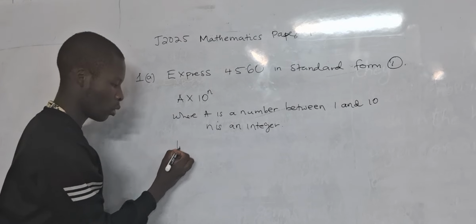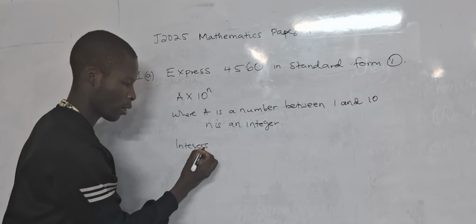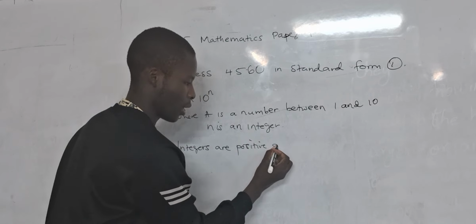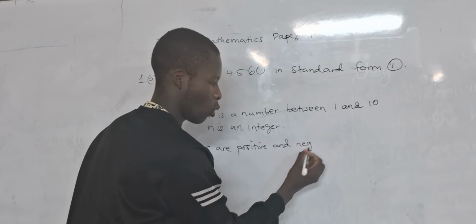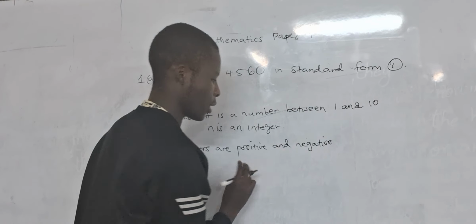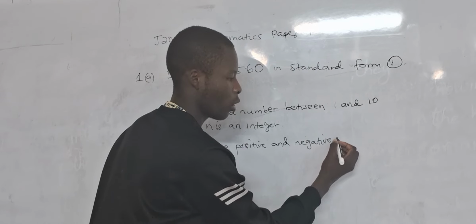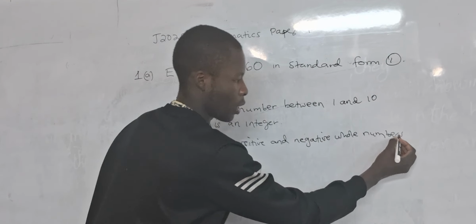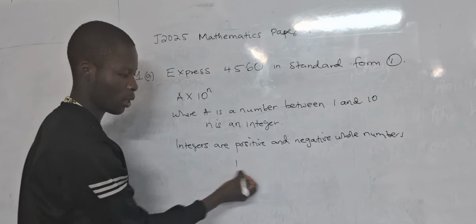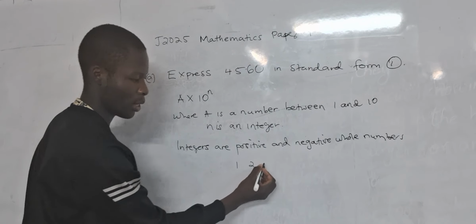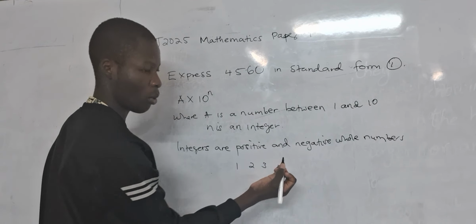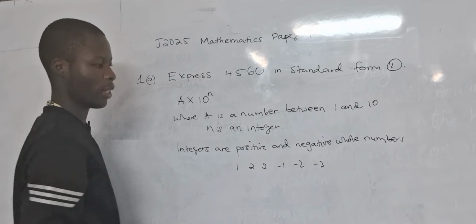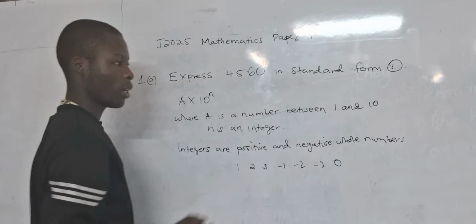You all know integers are positive and negative whole numbers. Something like 1 is an integer, 2 is an integer, 3 is an integer, negative 1 is an integer, negative 2 is an integer, negative 3 is an integer. Also 0 is an integer.